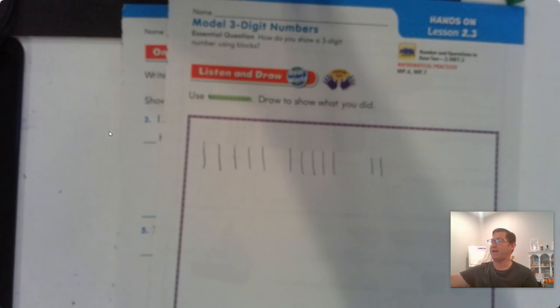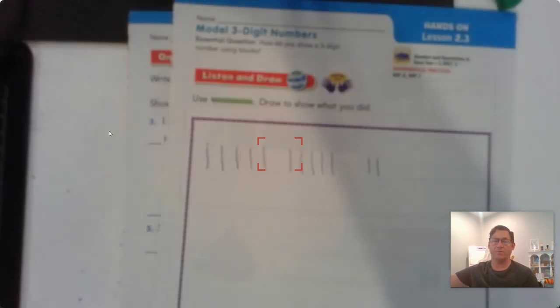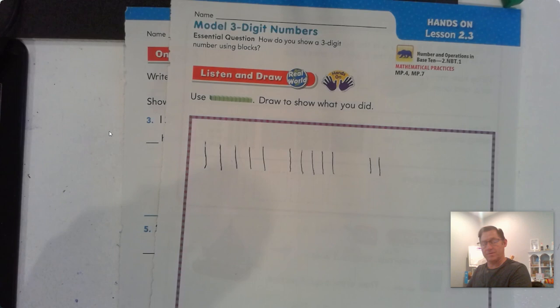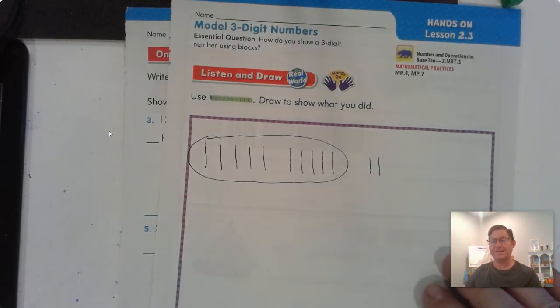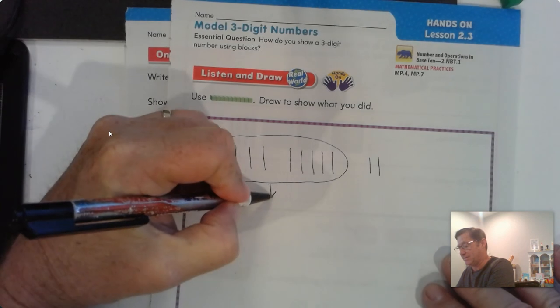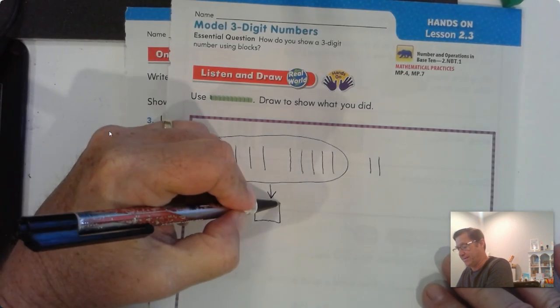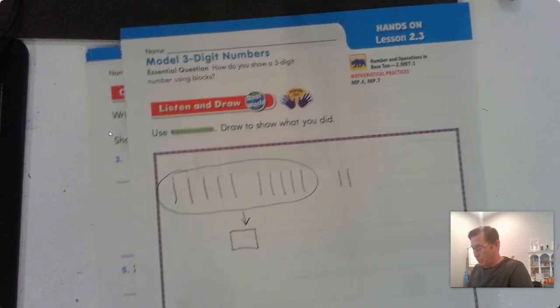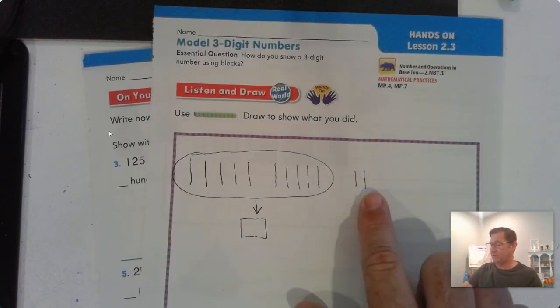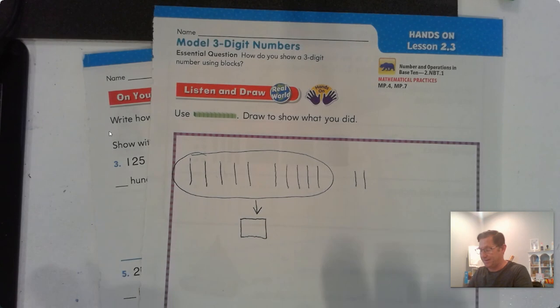All right, so that's what we had, right? We had 12 tens. Okay, so we're going to circle 10 tens. Why are we circling 10 tens? Because we know that that's 100. So we have 100 and we have 2 tens left, right?